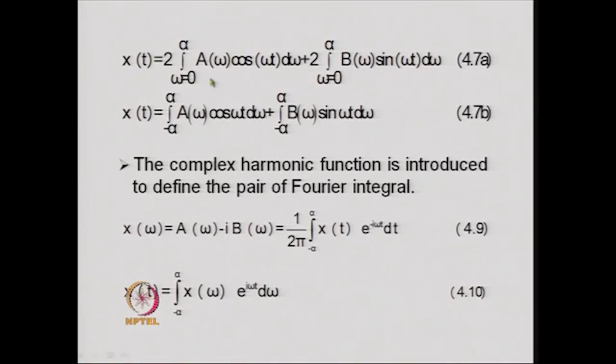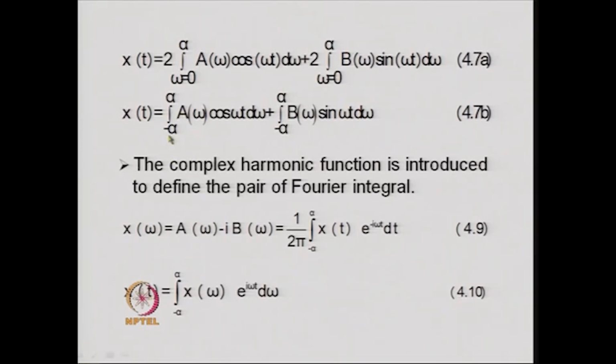x(t) can be shown to be equal to this particular form, 2 times the integral from omega equal to 0 to infinity of a(omega) cos omega t d omega plus b(omega) sin omega t d omega. Now, one can remove the factor 2 if instead of integrating from 0 to infinity, we integrate from minus infinity to plus infinity.